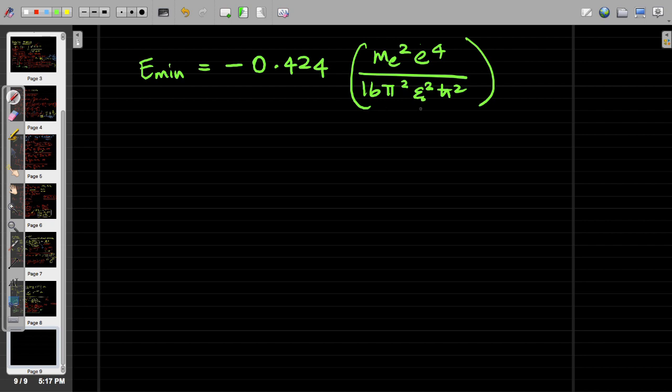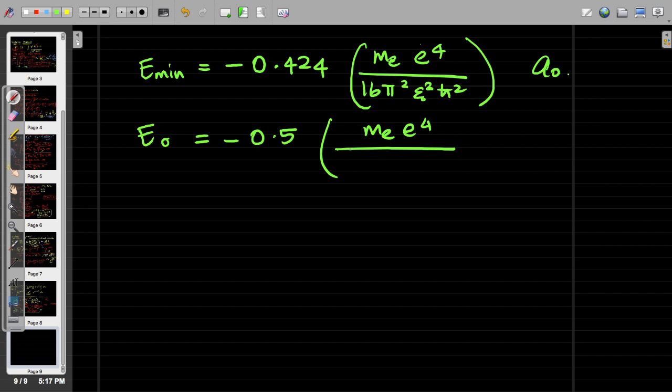Of course, this can be rewritten in terms of A naught, which is what we ended up doing in the class, but instead of spending time on it, let me write what is the actual ground state energy of the hydrogen atom. You end up getting something of this sort. It appears that it's going to be me power 4 divided by 16 pi square epsilon naught square h cross square.